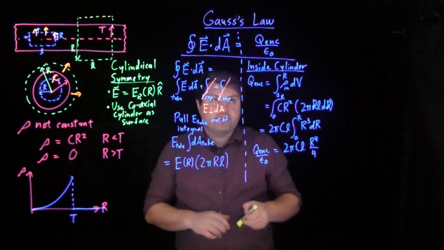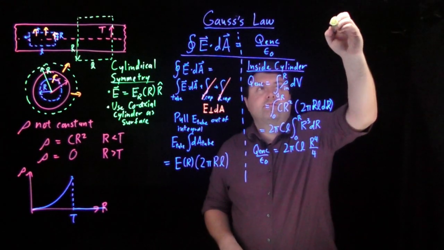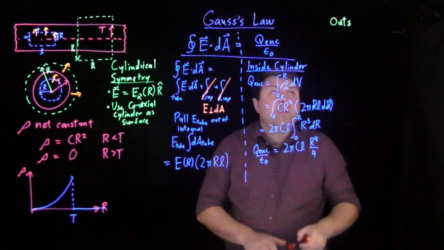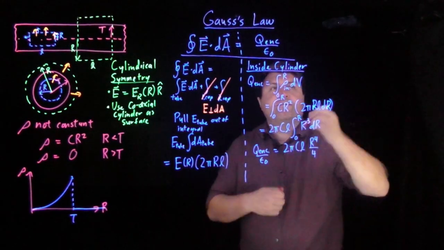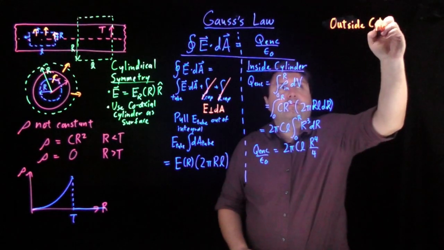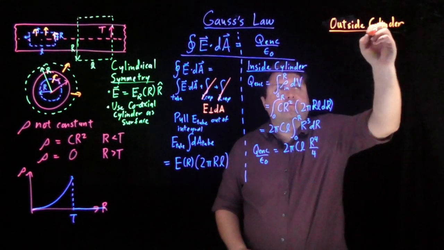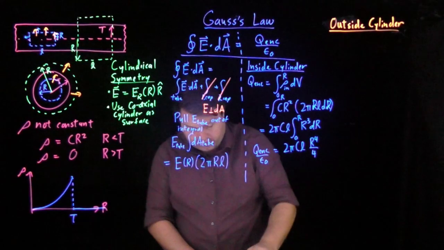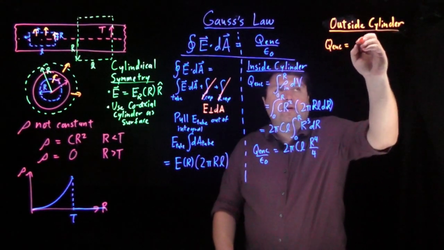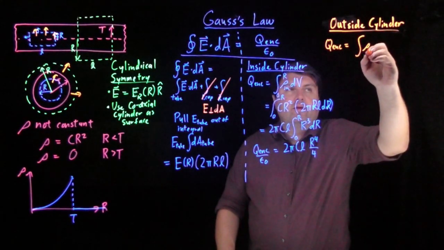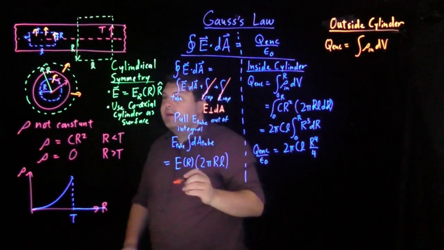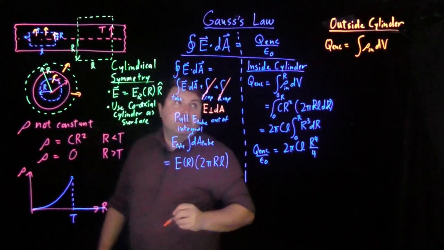For R outside the cylinder, outside our cylinder, we have that our charge enclosed is going to be the inside charge density dV, and we are going to capture all of it, so from 0 to t.